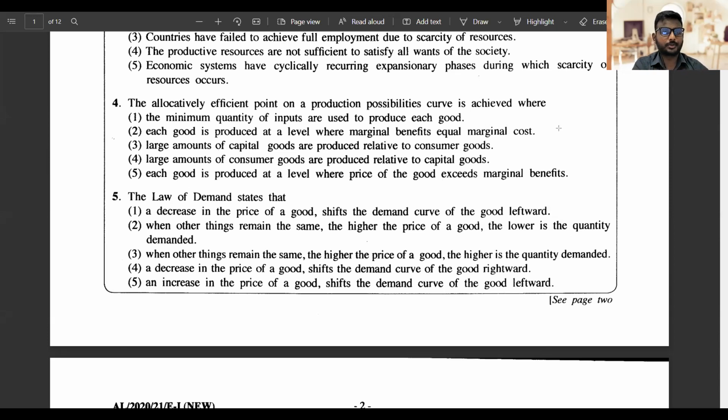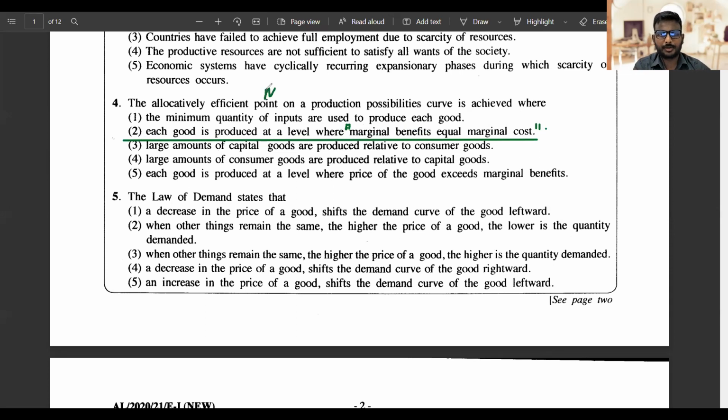By the way, for the 4th question, the answer is answer number 2. I don't remember if I mentioned that, right? Answer number 2, because it talks about marginal benefit being equal to marginal cost. Each good is produced at the level where marginal benefit is equal to marginal cost, right?